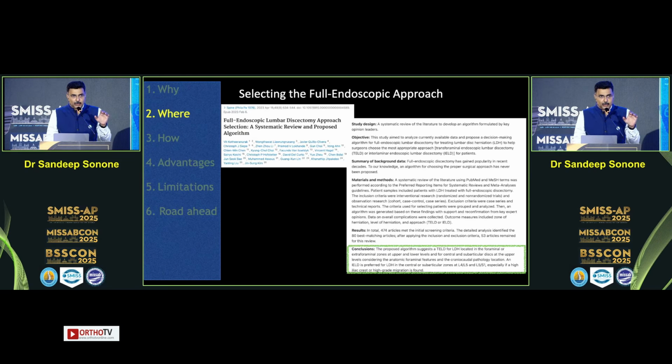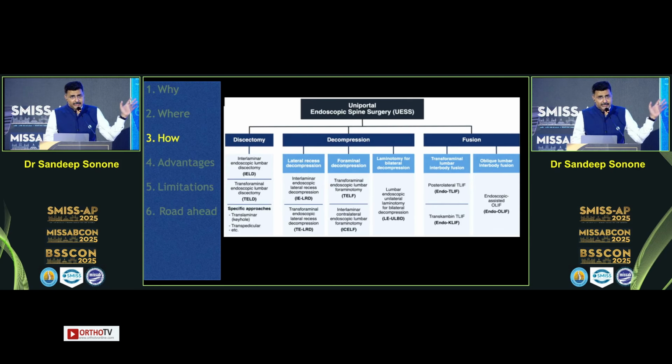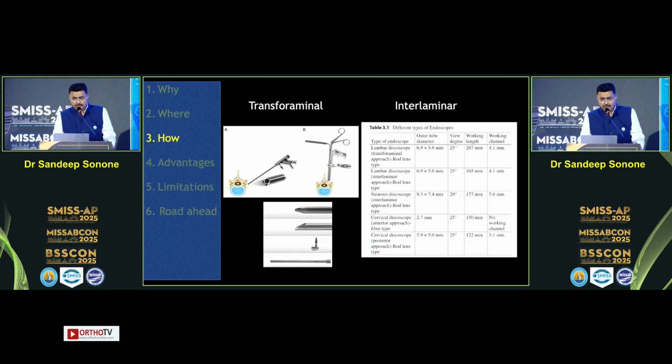If it is L5-S1, then you can go for interlaminar, which is a much safer approach, with less radiation compared to the transforaminal approach. There are various nomenclatures, but basically it boils down to two things: the approach, transforaminal or interlaminar, and whether it's a discectomy, a global decompression, or a fusion.